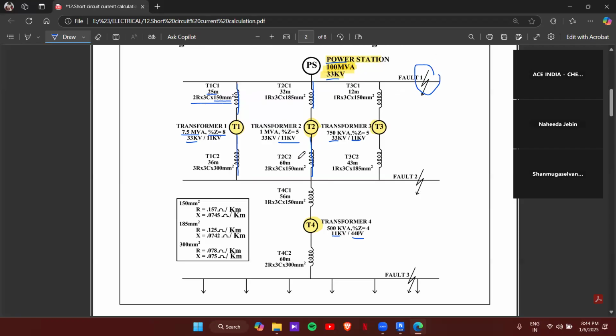And if a short circuit occurs at fault 2, how much will be the short circuit current and the power? Then fault 3. So for each side, we have to find out the short circuit current. So this is the question. We can start with that. Any doubt in this one?